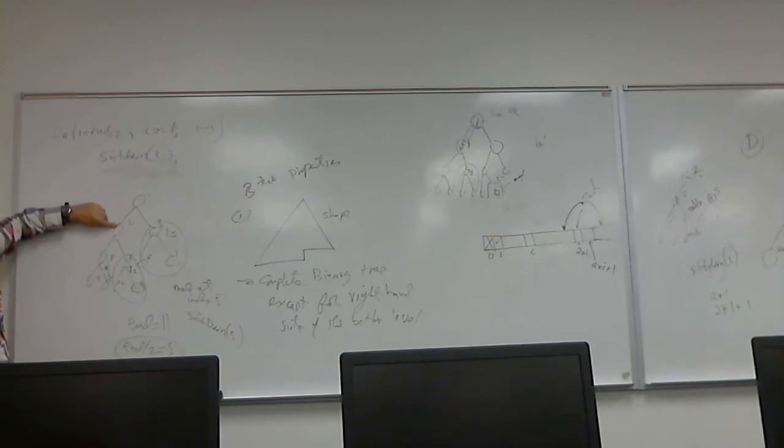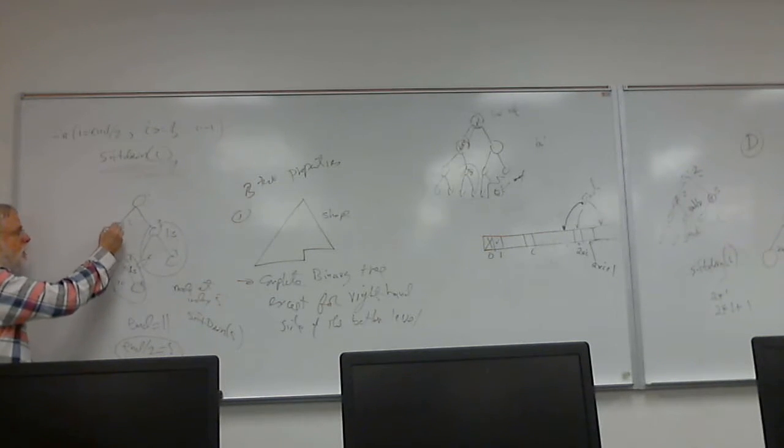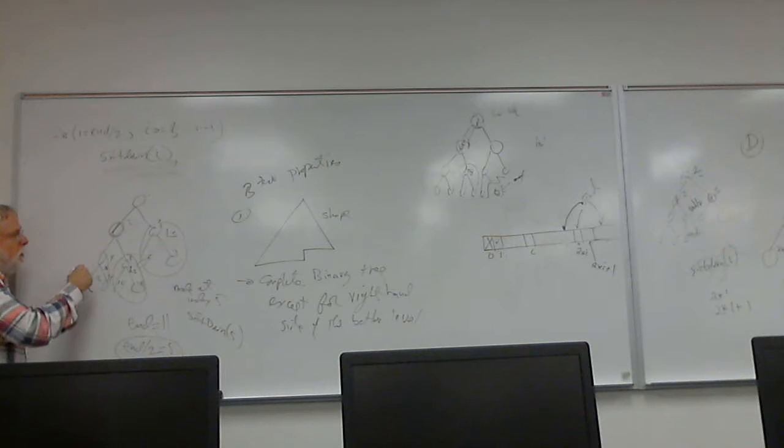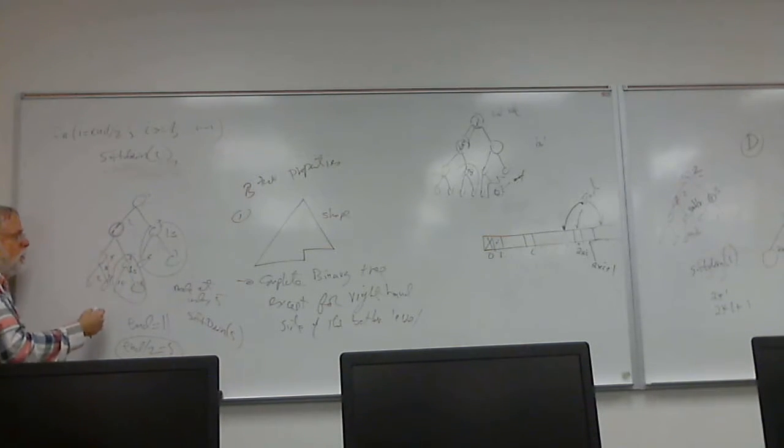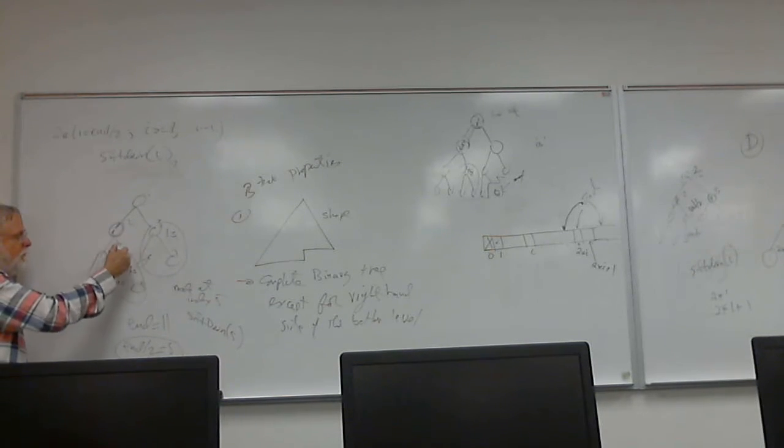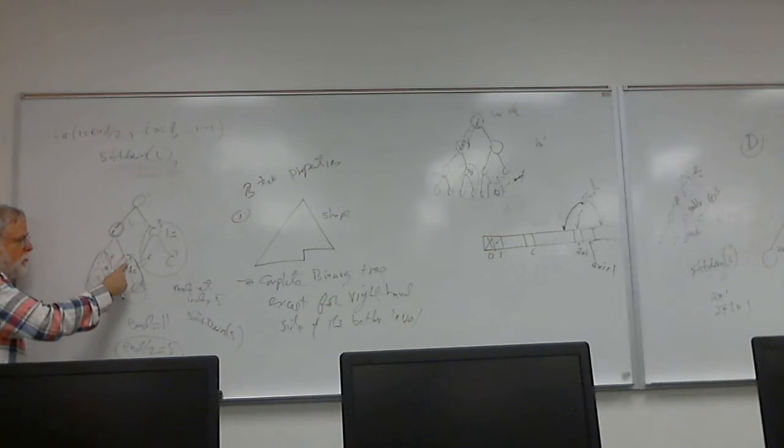When I get to here, now I'm looking at the subtree based at 2. It may not be greater than or equal to the values here, so I might have to take the greater of these two and move it up and move this down. The point is, there's only one bad place. We've already fixed up the tree rooted at 5.